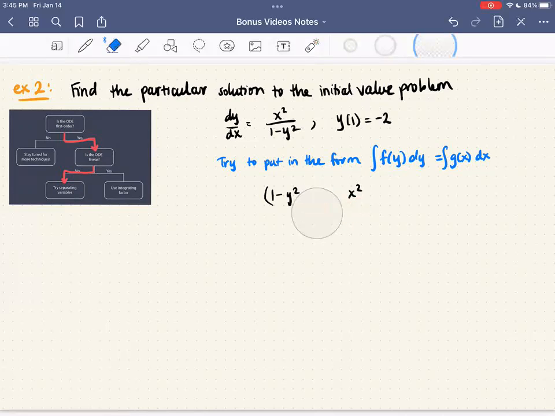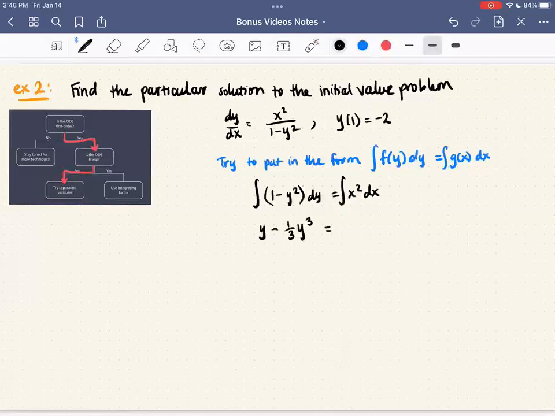So let me actually do that without wasting too much space here. I'm going to move that differential dx over, and then I can integrate both sides. All right, on the left, the integral of 1 is just y, and then minus the integral of y squared, so the 1/3 y cubed. That'll be equal to the integral of x squared, which is 1/3 x cubed, plus an arbitrary constant c.